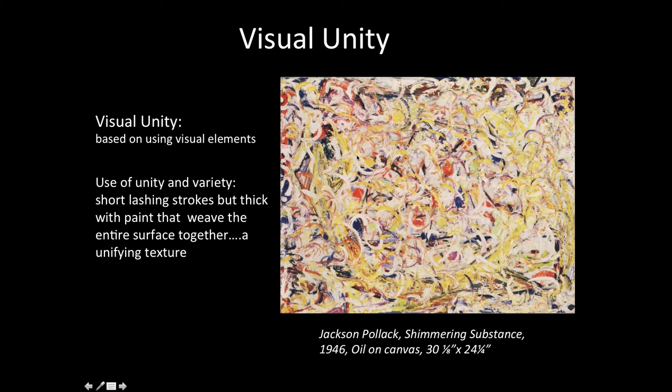But in addition, you could also see the yellow here seems to swirl around. That, to me, is also unity, helps to create unity. Certainly, the white swirly movements here also create unity. And these little specks of the blues, these also create unity.